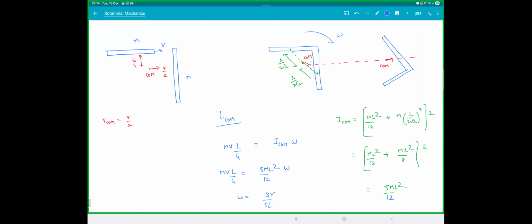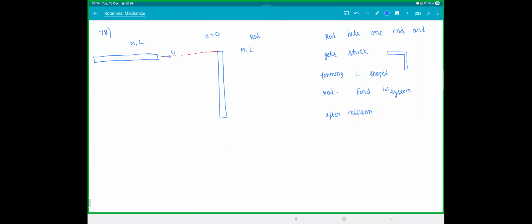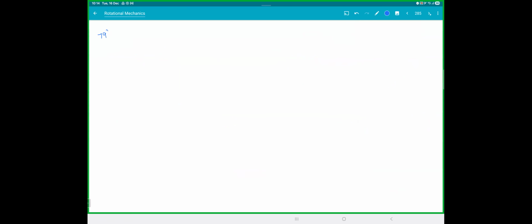Let's do a better version of this. We have a rod here, mass 2m, length 2L.